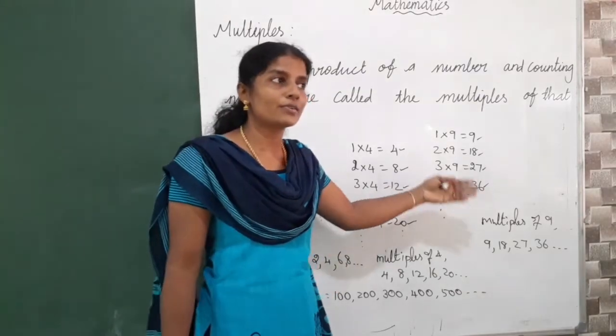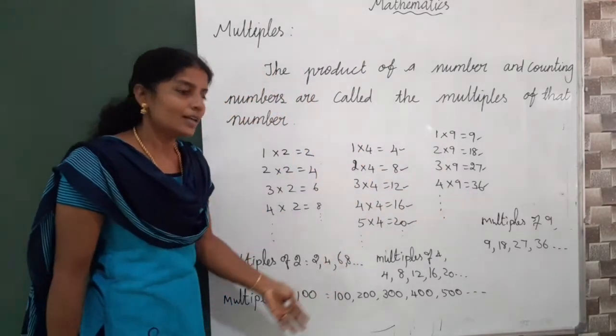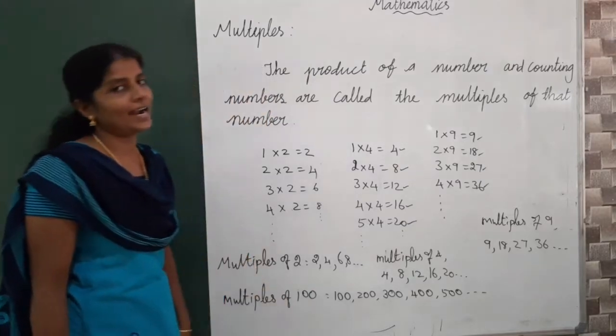Then 12,000 and 10,000 are all multiples of 100.